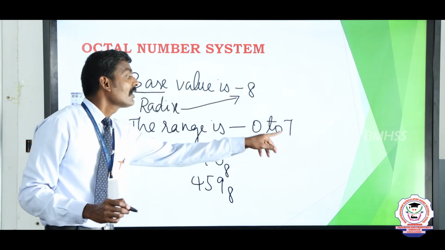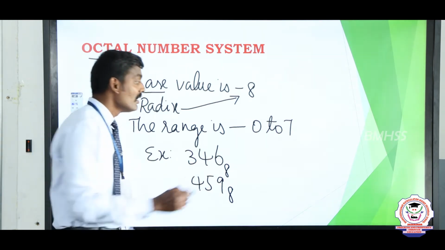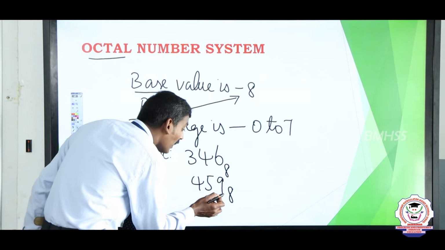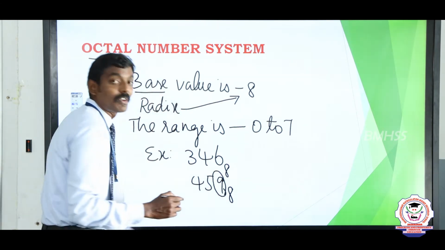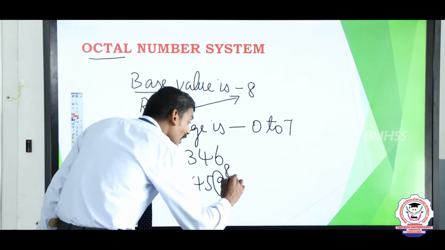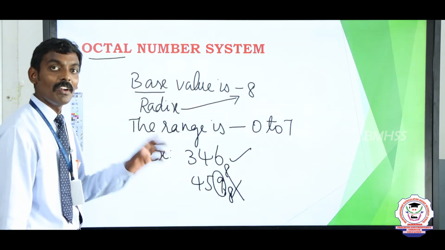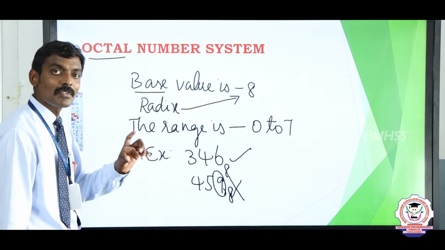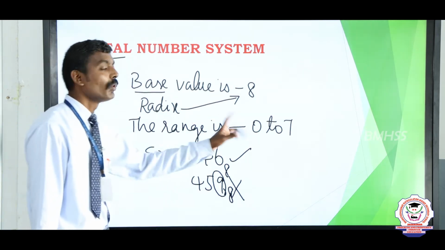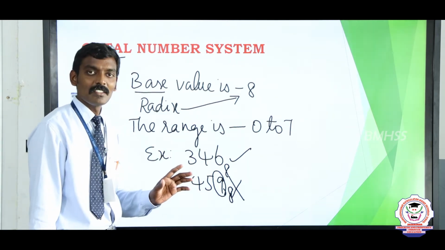The range of the octal number system is only 0 to 7, but here what number is present? 9. It's not an octal number. Only numbers in the range 0 to 7 come under the octal number system. Are you clear, students? Yes.